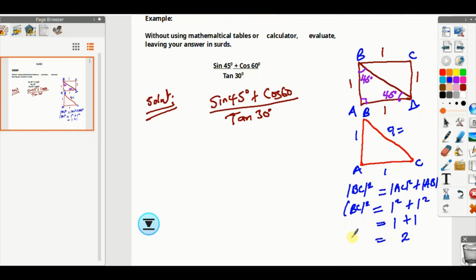So line BC will be equal to the square root of 2. So our hypotenuse will be square root of 2.